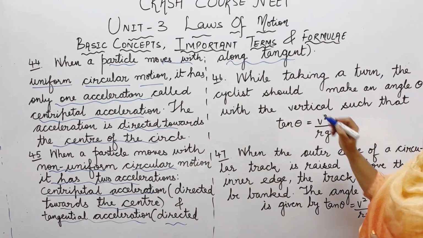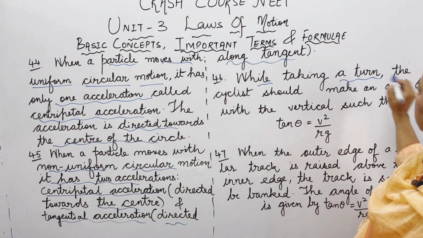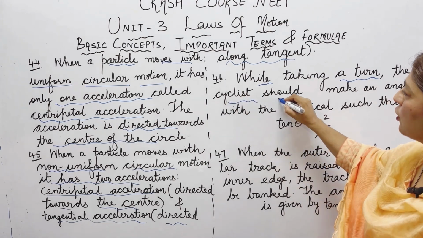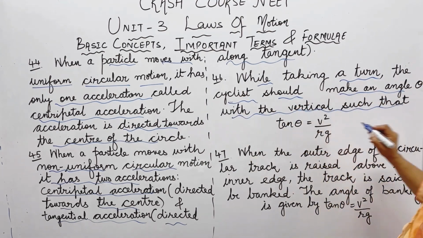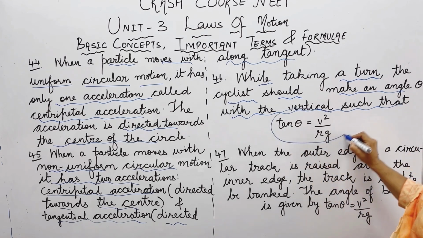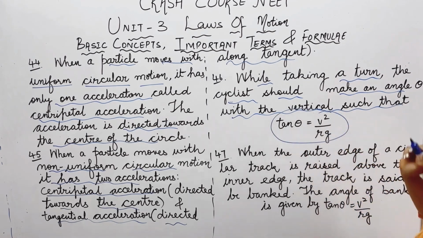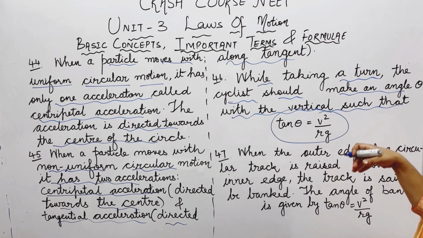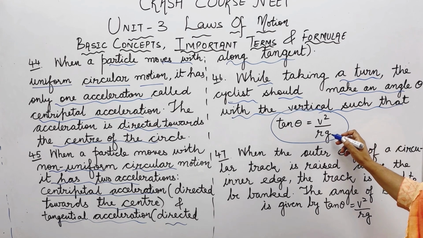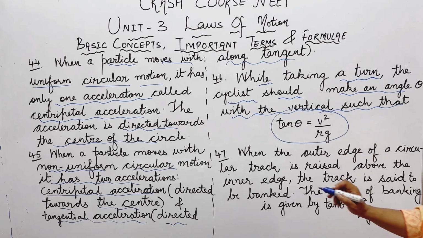The next point is, while taking a turn, the cyclist should make an angle theta with the vertical such that tan theta is equal to v square by r g. V is the velocity, r is the radius of the arc that it is making, and g is the acceleration due to gravity.